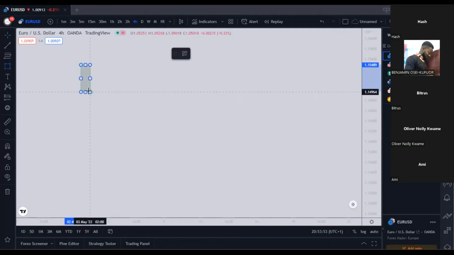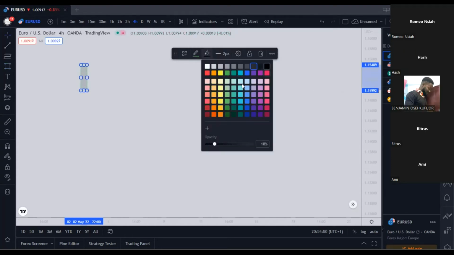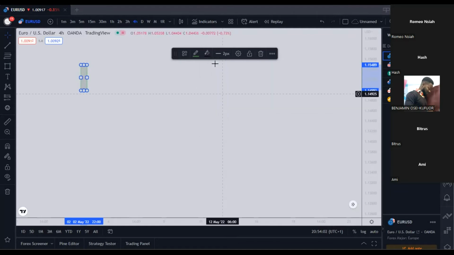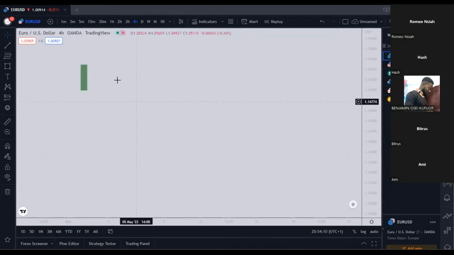Engulfing candlestick. How do we explain this? So this is my bullish candlestick.